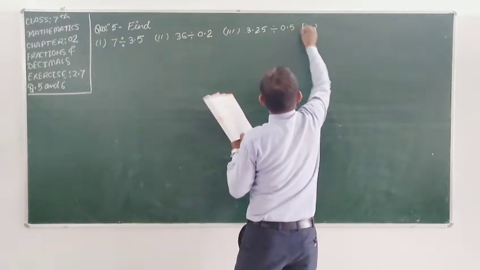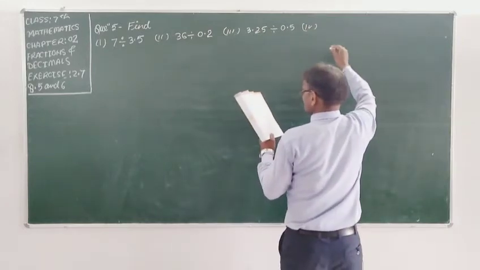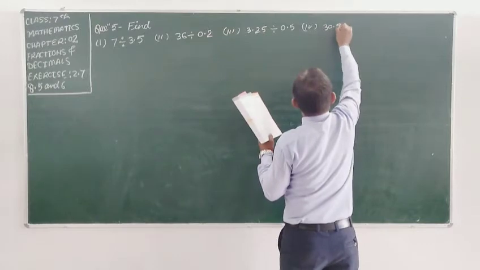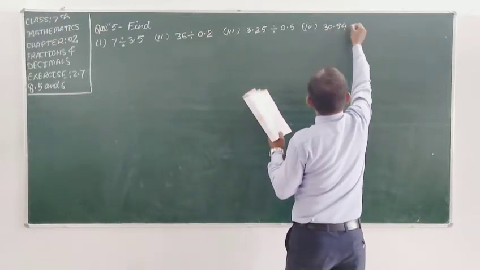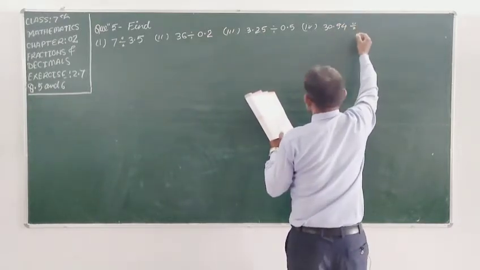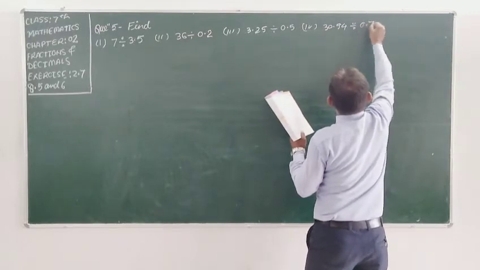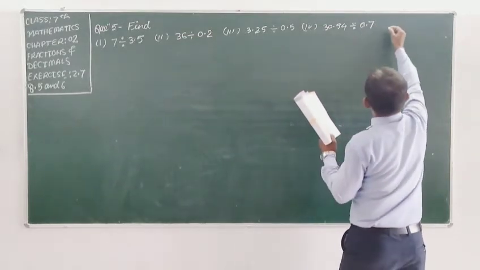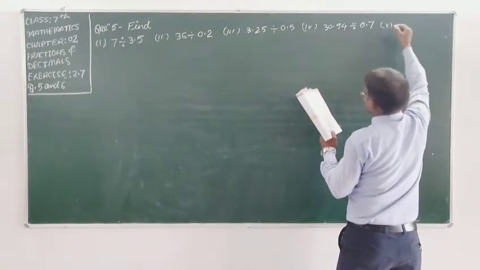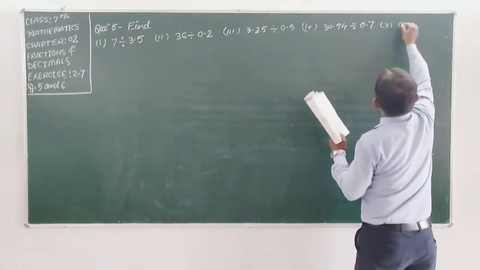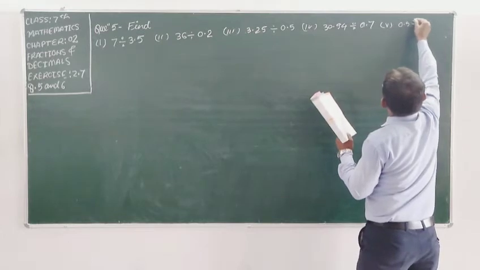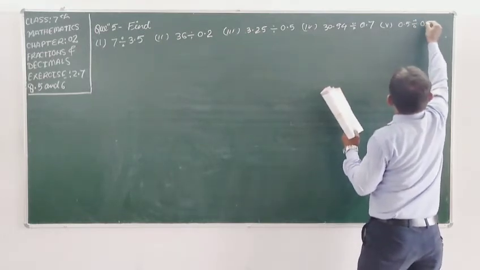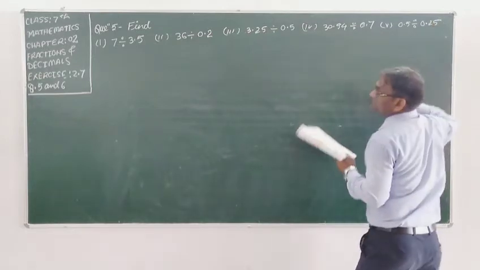And fourth part is 30.94 divided by 0.7. And fifth part is, student, 0.5 divided by 0.25.